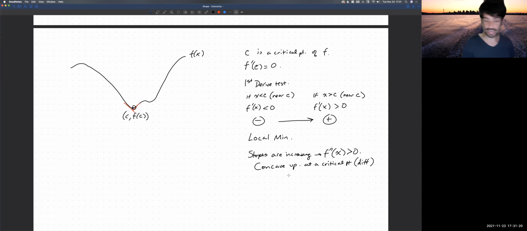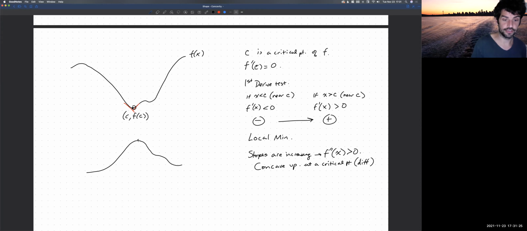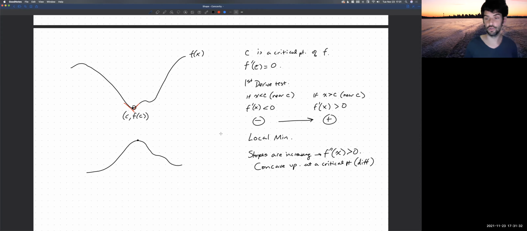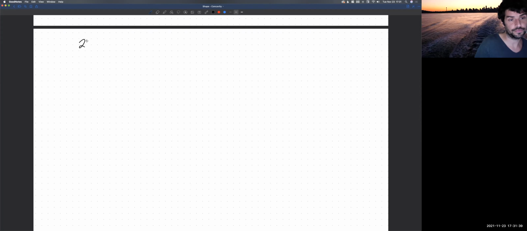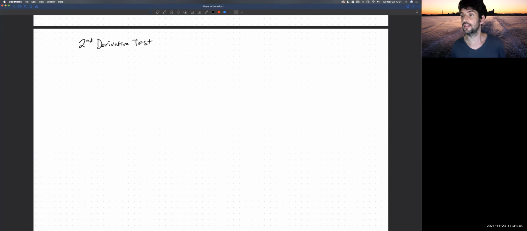And if it's concave down, we'll have a maximum, right? There's what concave down looks like. There's a critical point with a slope of 0, and so we have to have a local maximum there. And this is what we call the second derivative test. It's an alternative way to test for maximums and minimums at critical numbers.